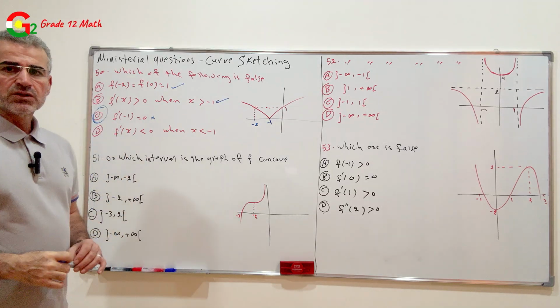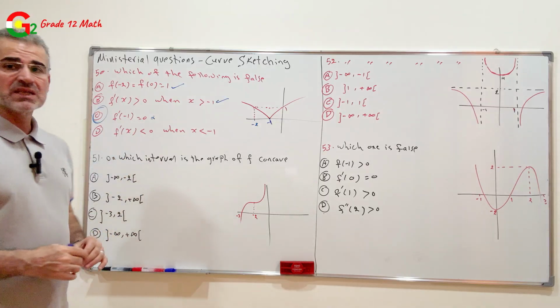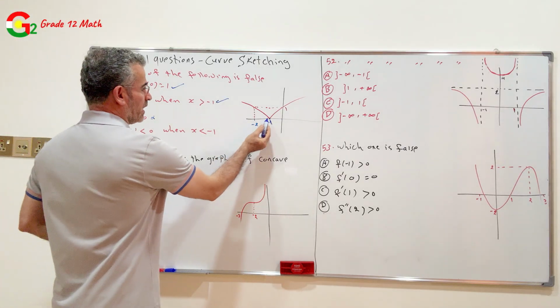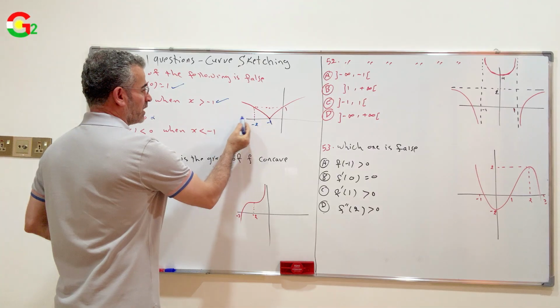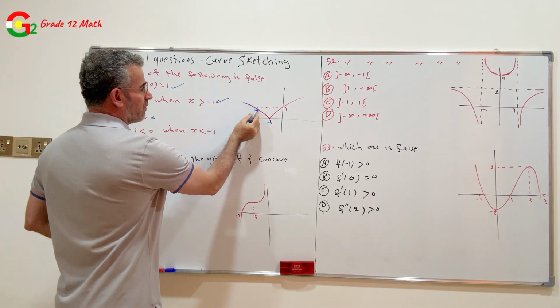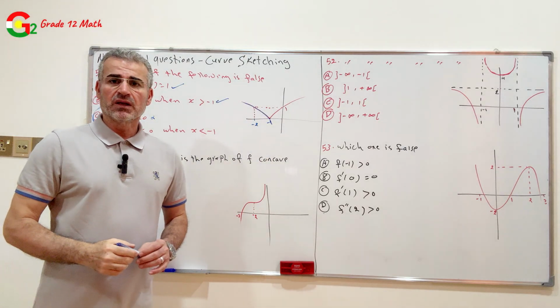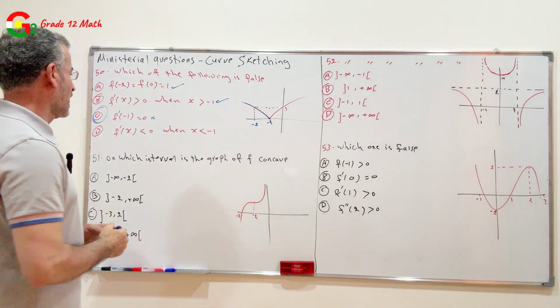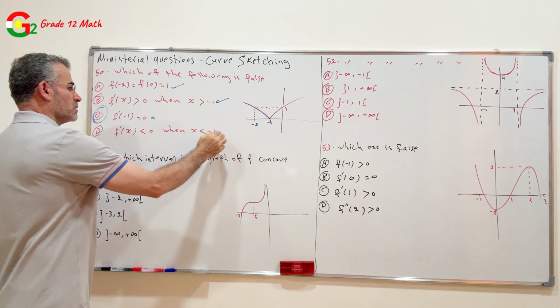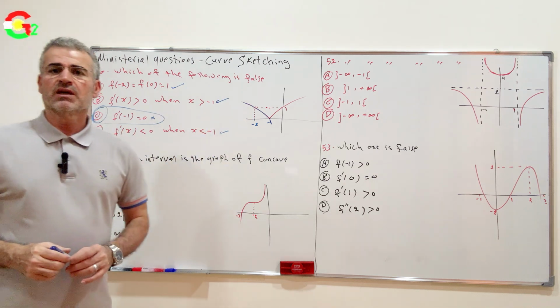Let us see choice D: f prime of x less than 0 when x less than negative 1. When x is less than negative 1, from negative infinity to negative 1, the graph of the function is decreasing and therefore the derivative of the function is less than 0. It is also true. Therefore, the right choice is C.